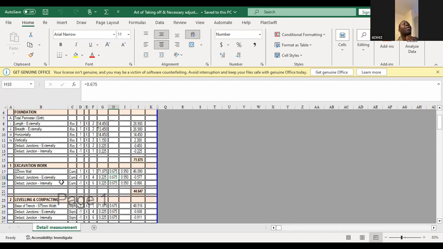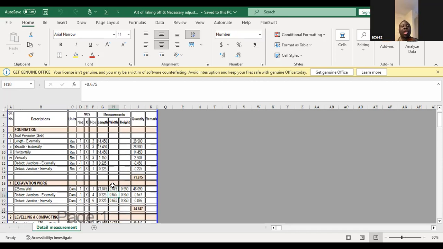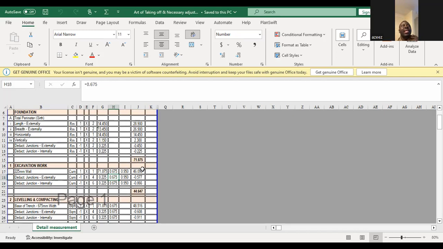So now this excavation work. Do you combine it with the topsoil excavation, or do we have to do topsoil excavation separately? This is pit excavation, your trench. This is trench because you look at the data that I use, the GAT. I use the width of the foundation, which is 675.